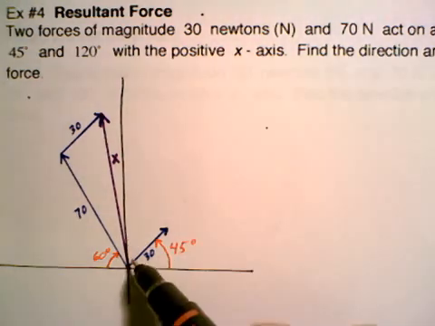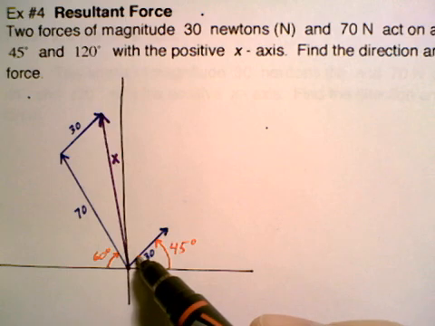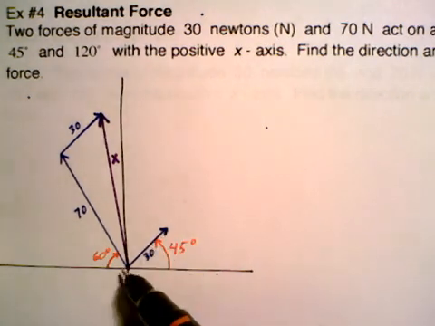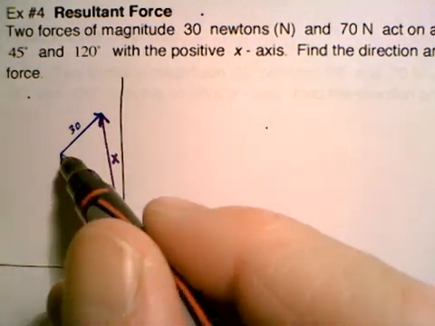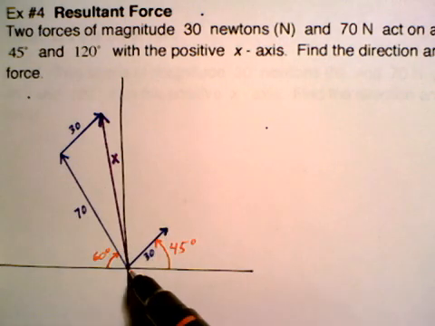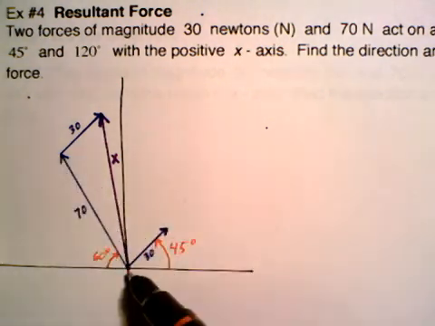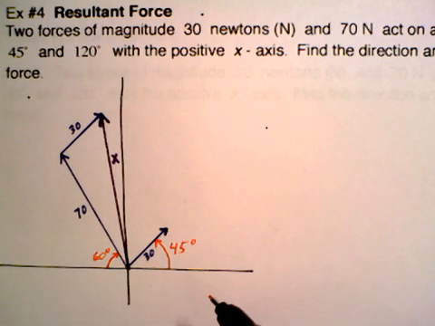What I did was I used 5 millimeters per 10 newtons. So this one right here is 15 millimeters long, and then I made this one 35 millimeters, or 3.5 centimeters long. So 15 millimeters here, 35 millimeters here, and you can see the relative lengths of the vectors.